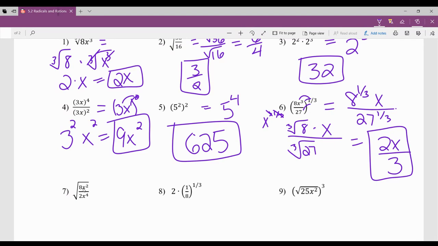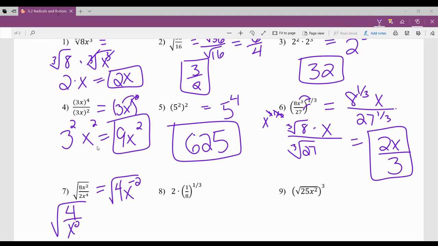So I have to double back and say, can I simplify inside the square root? Well, yeah, 8 over 2 reduces to 4. For x, I can subtract the 2 exponents. 2 minus 4 would be negative 2. And then I could rewrite that as the square root of 4 over x squared.